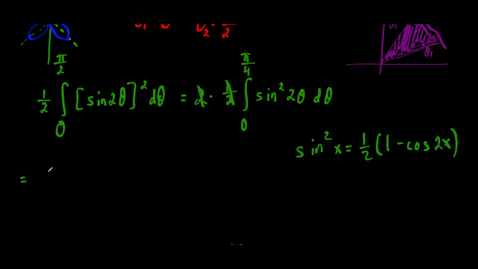And we'll see that the sine squared 2 theta can be expressed as 1/2. And now we just rewrite our integral from 0 to pi over 4. And on the inside here we have 1 minus, but we have to be careful. We're not going to write cosine of 2 theta because the argument is already 2 theta, so we have to double it. So it's going to be 4 theta. And we write our d theta at the end.